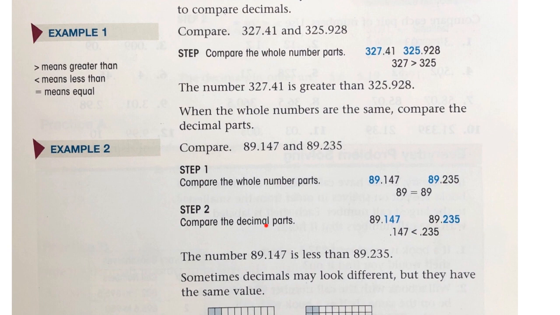Step 2, compare the decimal parts. 147 thousandths is less than 235 thousandths. The number 89 and 147 thousandths is less than 89 and 235 thousandths.